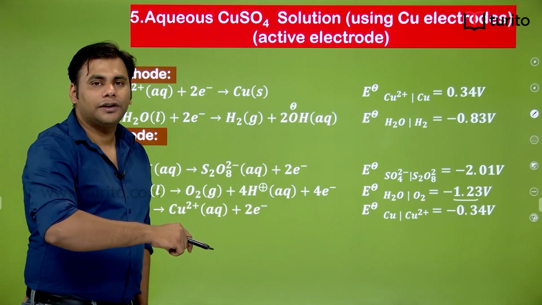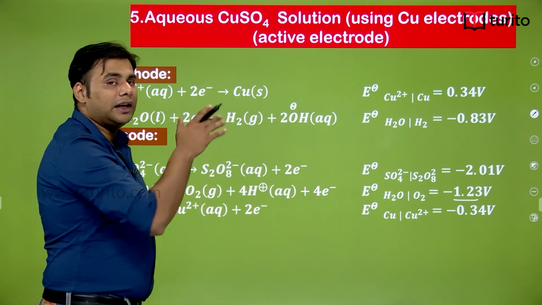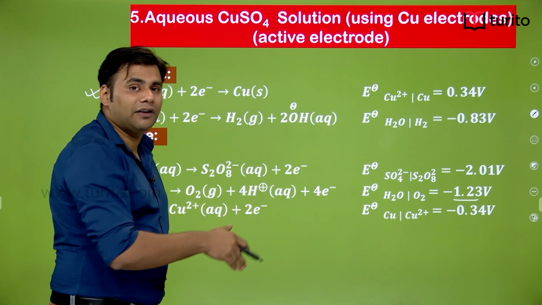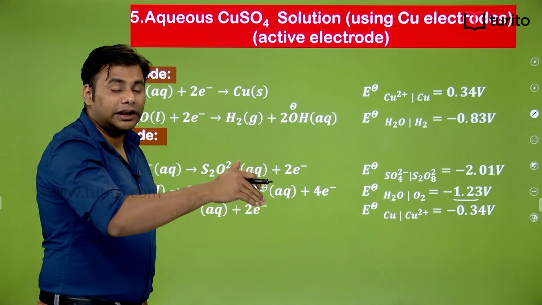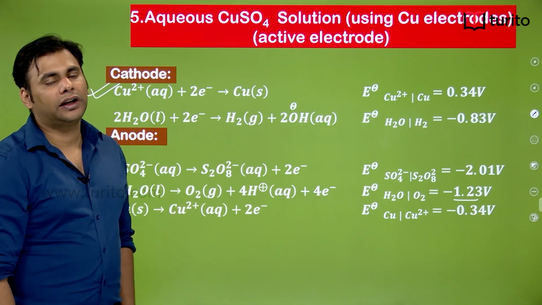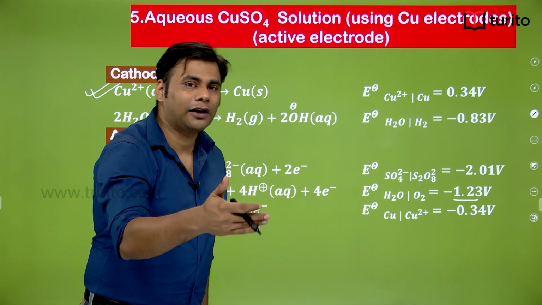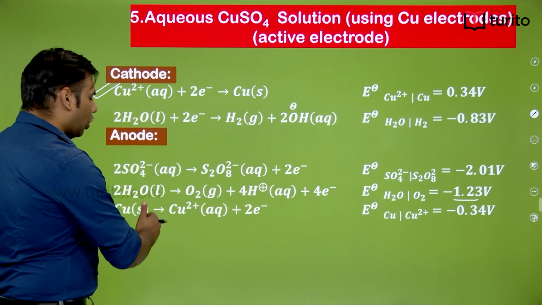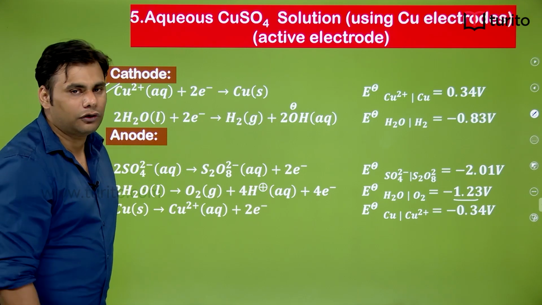Now because we have not taken an inert electrode, we have taken an active or participating electrode, at anode the oxidation of the electrode can also take place. So copper can also get oxidized. When copper oxidizes, it will change into copper 2 plus and 2 electrons would be evolved.